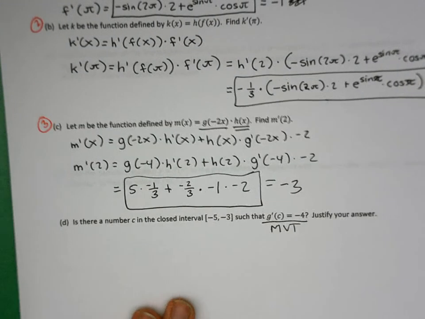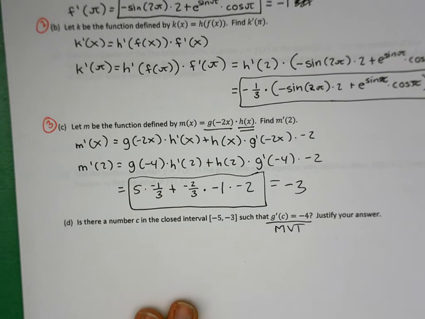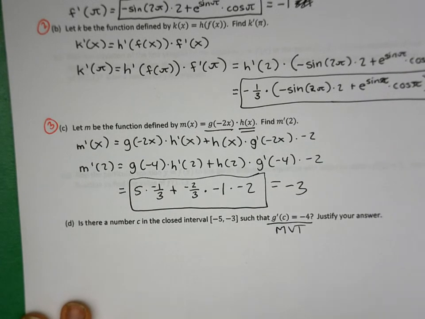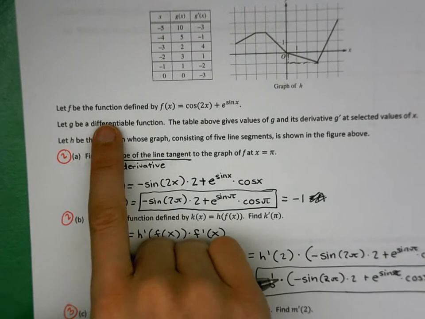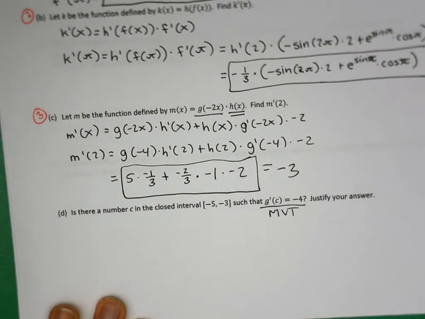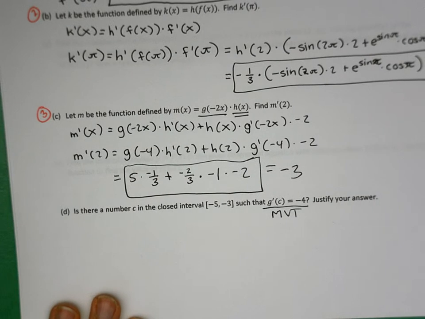Okay, so MVT states first that you have to be differentiable and continuous on that interval. Well, this is G. G is differentiable, and so we are good to go there. And then you have to find an f of b minus f of a over b minus a that equals what you're trying to guarantee, which in this case is negative 4.